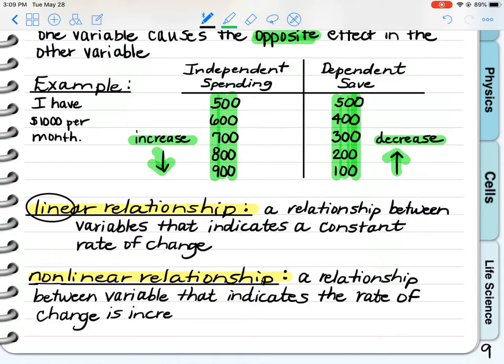So it's not constant. It's changing. It's varying. And again, I'm going to show you an example of that on the next page.